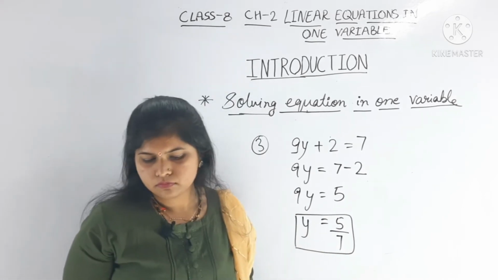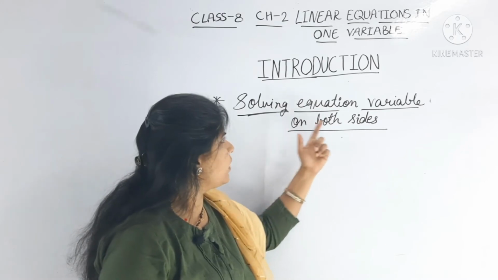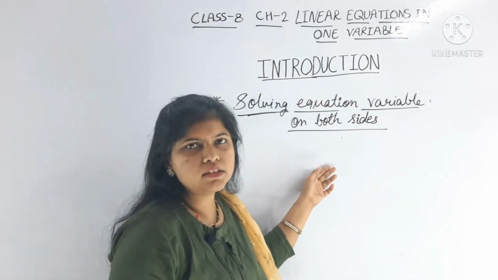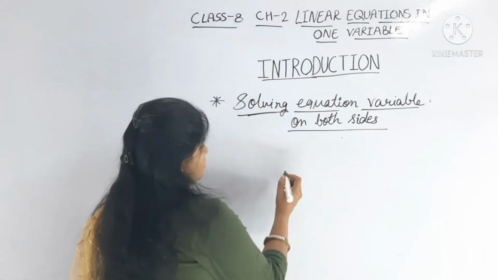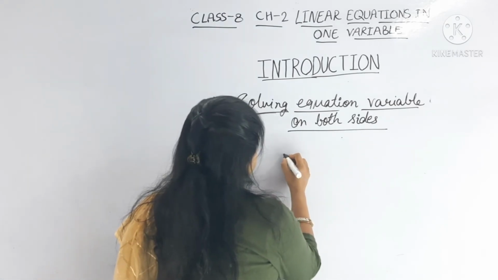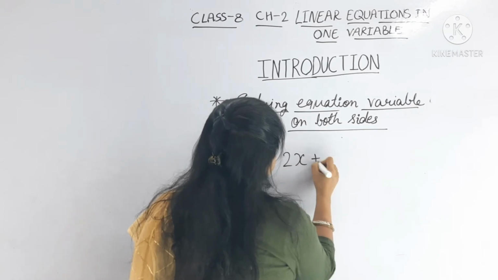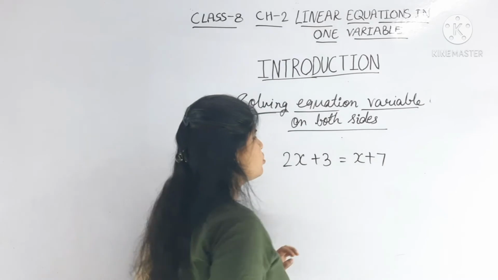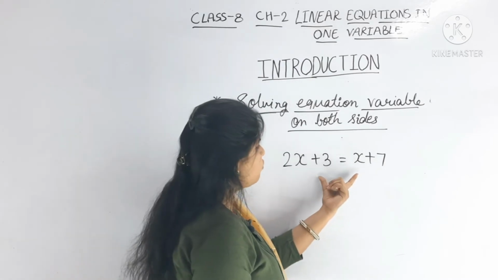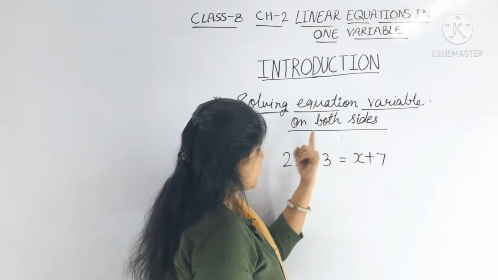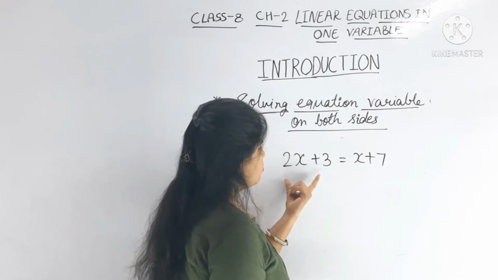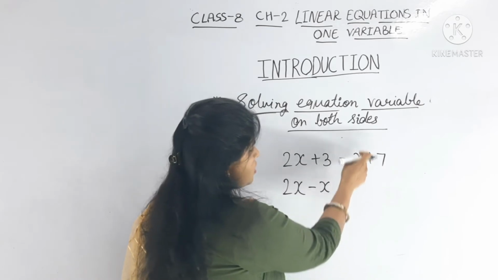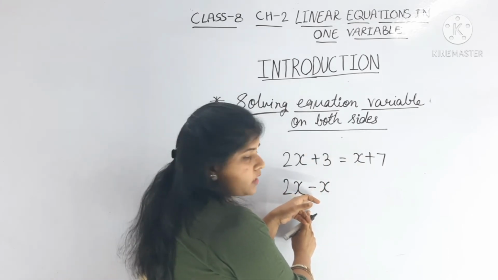Okay, now the next point is solving equations with variable on both sides. The variable will be on both sides, so how do we solve it? I am taking an example here: 2x plus 3 equal to x plus 7. What we have to do is transpose this x to the left side. So 2x minus x, because it was plus, we are getting minus sign.